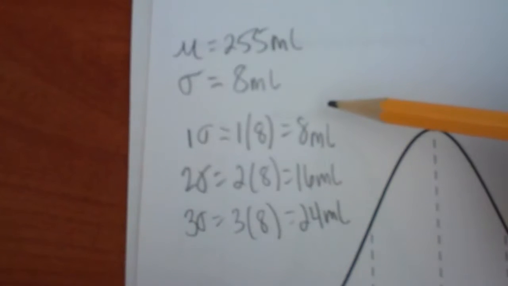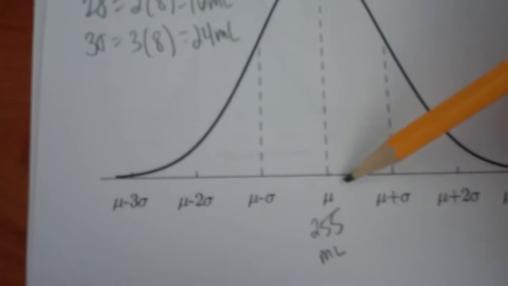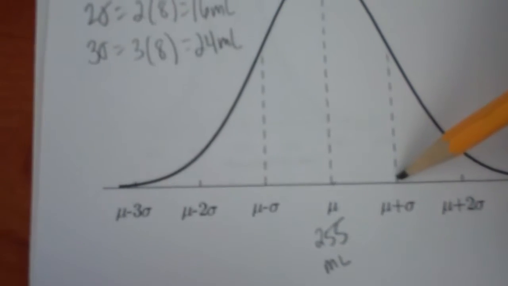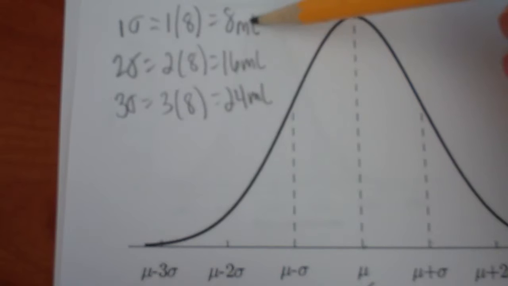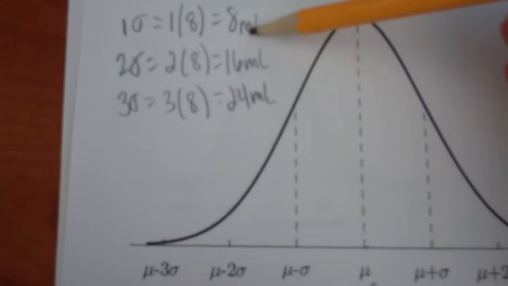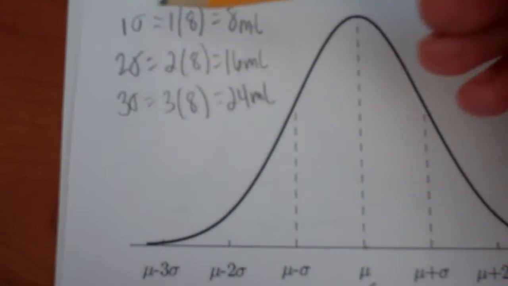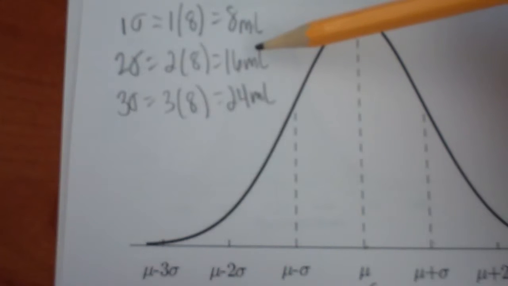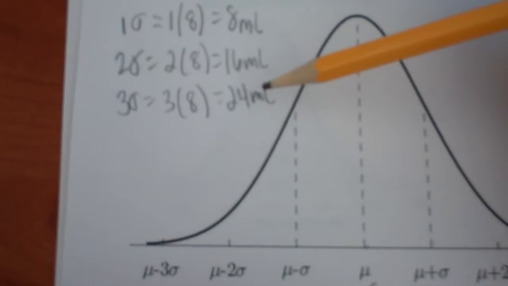This is your standardized measurement that represents how far an observation is from its mean using a standardized unit. So our standardized unit for this problem, calculated out, is 8 milliliters. 2 of those are 16 milliliters, and 3 are 24.